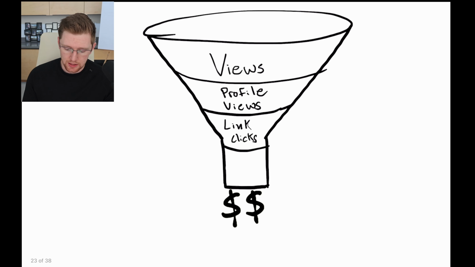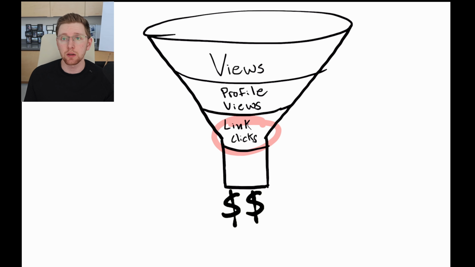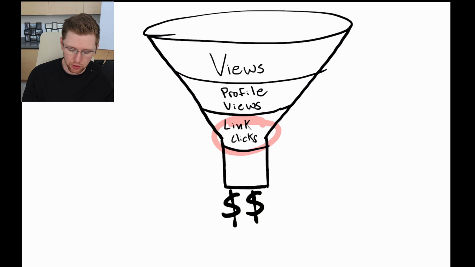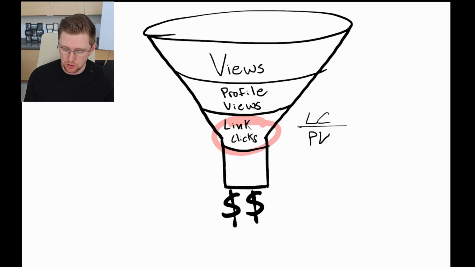The next part of this is your link clicks. And this is people clicking your link in bio. All right. Super simple. Same thing as earlier. You can calculate your conversion rate here as your link clicks divided by your profile views. The reason why these numbers are really important is you can reverse engineer, if you want to hit a revenue goal, how many views you're going to need to generate over a certain period of time in order to hit that goal based off of what these conversion rates are.